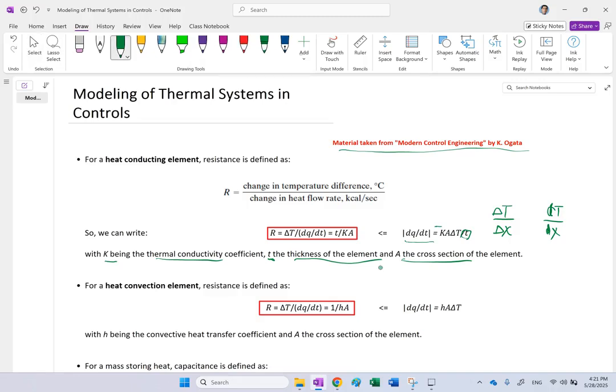Here we define thermal resistance similar to the way we define resistance for an electric circuit, or the resistance we had for a fluid system, which you saw in a valve or in a pipe.